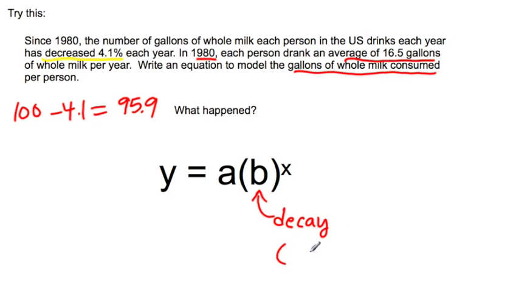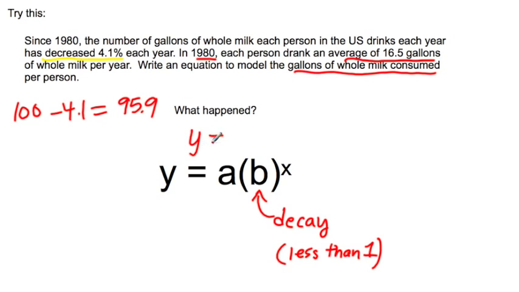Another way to think of it is I have to have a number less than 1, or else my value would keep growing, and I don't want it to grow. I want it to decrease because I'm showing a decrease. So then let's rewrite our equation.